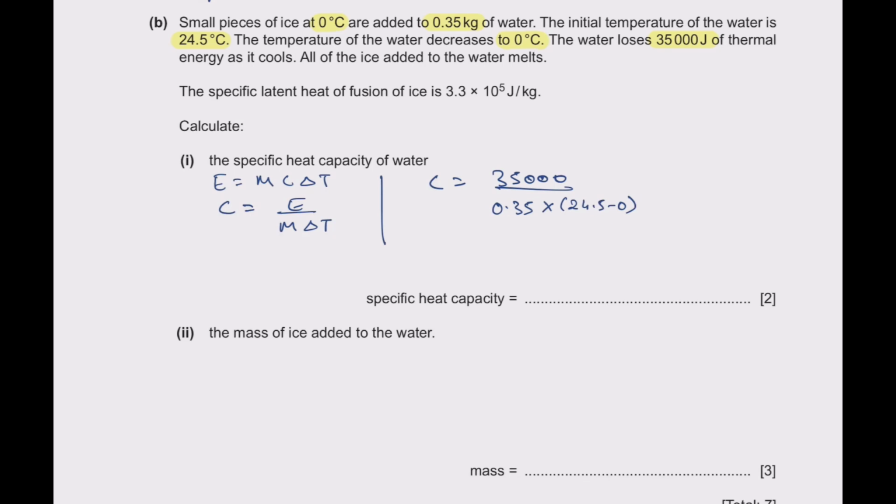So if you calculate this, you will get the answer for C. Let us check once again, you can check it in your calculator also: 35,000 divided by 0.35 divided by 24.5.